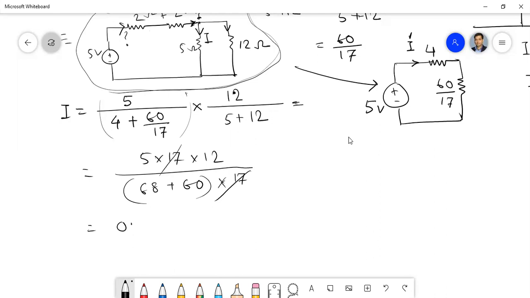Okay, 0.47 is right. Let me find out this. 60 divided by 128, that is 0.469. Is it okay?